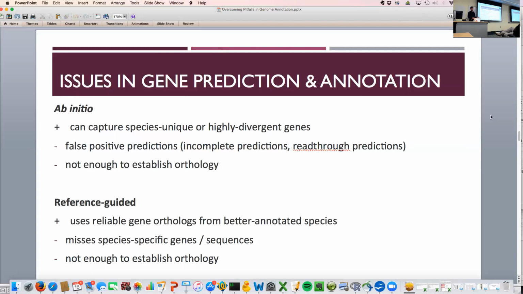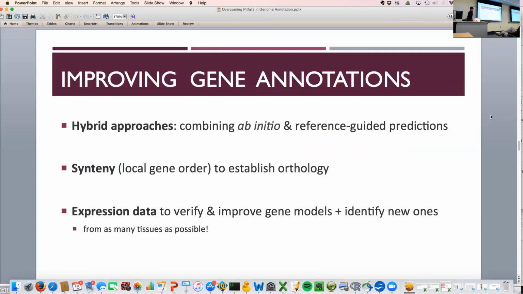This is something I've been trying to do solo in the lab, but if we could, as a community for manakins, do a lot of this manual curation, we could hypothetically have a better annotated genome than even the zebra finch. And so yeah, these are more reliable because they're based on other genomes, but they could miss all the manakin-specific genes as well. Not enough to establish orthology.